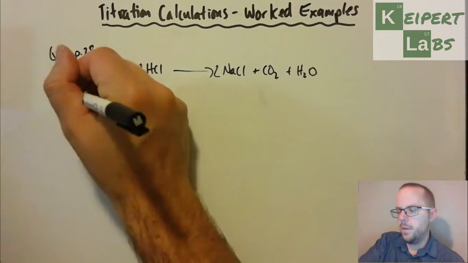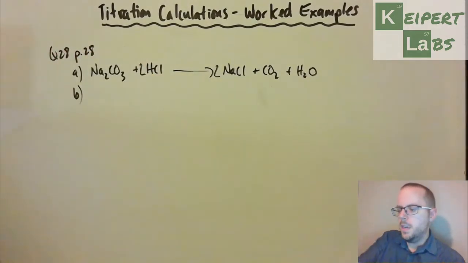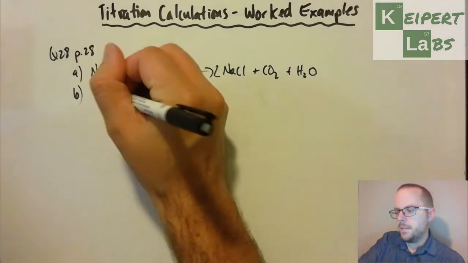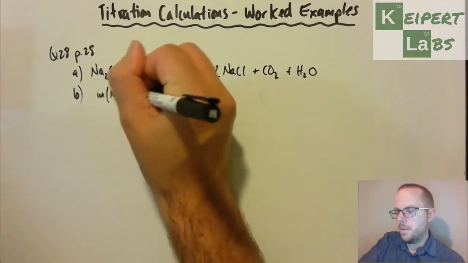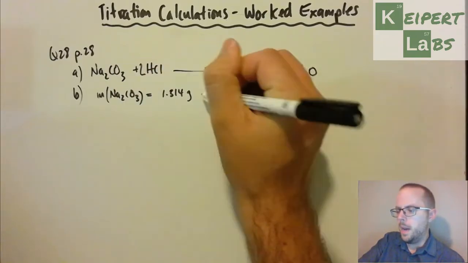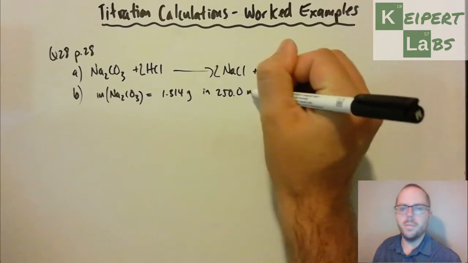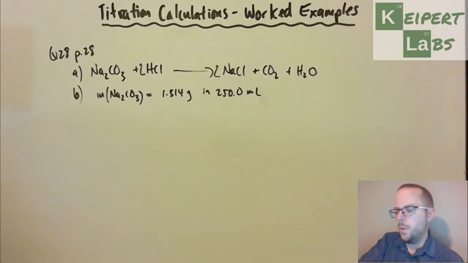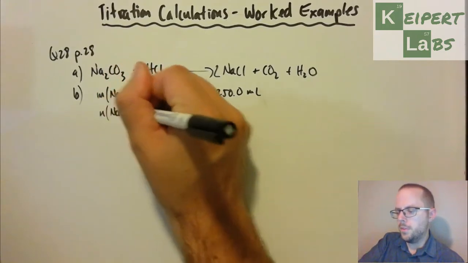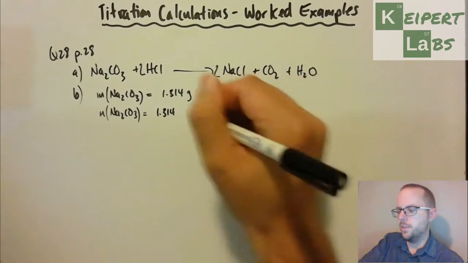Okay, so now we're asked to calculate the concentration of the hydrochloric acid solution. Our mass of sodium carbonate, we're told, is 1.314 grams and made up in a solution with 250 mils of water. So what we need to do is work out the moles of sodium carbonate first, to work out what's the concentration of this solution.